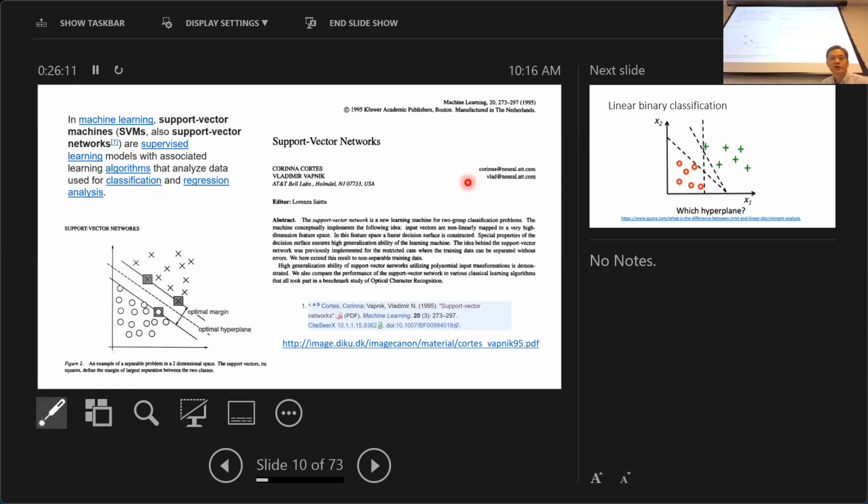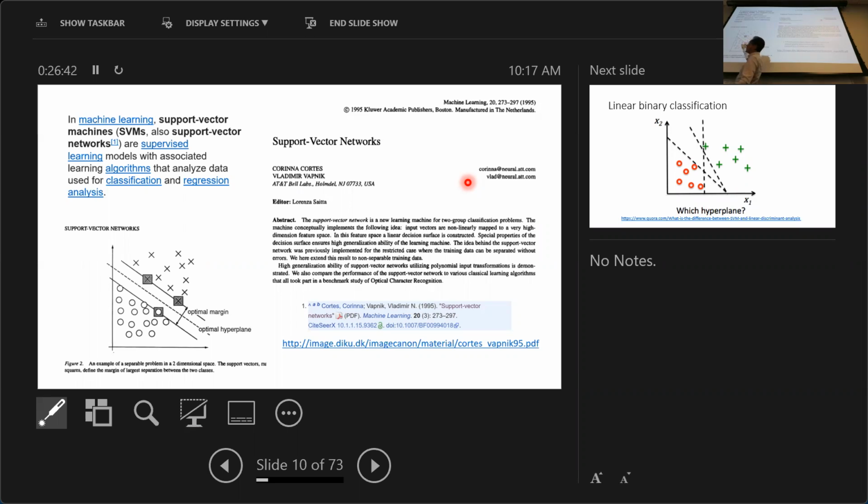In this paper, they proposed for the first time that we need to consider a margin which can be used to separate the classes of data points. Well, what is a support vector? A support vector means a data point, right? The support vector means this one.